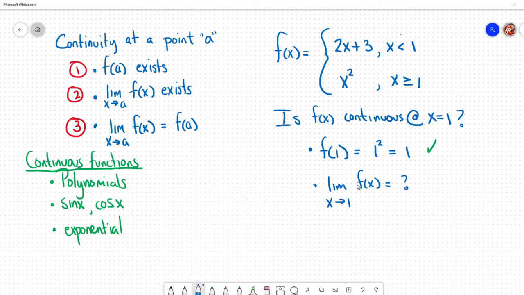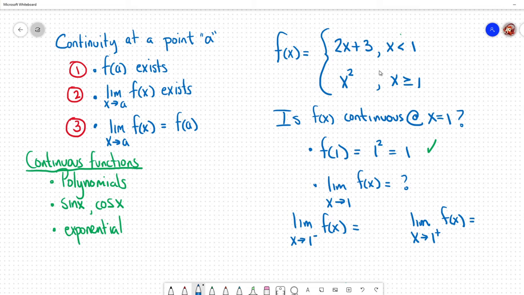All right, so we're going to have to look at the left and right side limits. So the limit as x approaches 1 from the left, and then also the limit as x approaches 1 from the right. This is why I asked if the branches themselves were continuous functions, because now evaluating the limits, I can just do it through direct substitution.